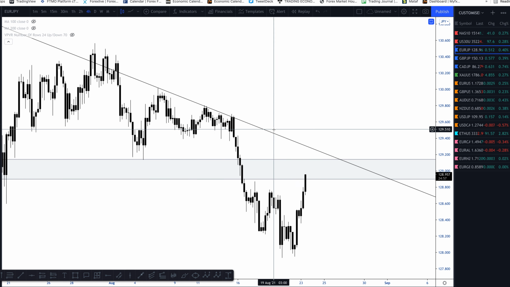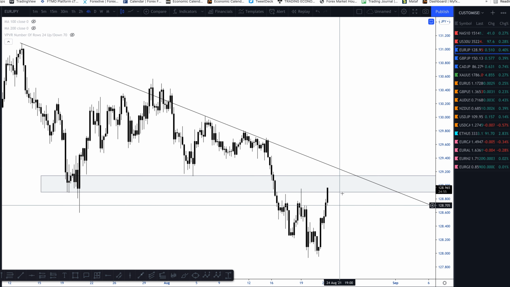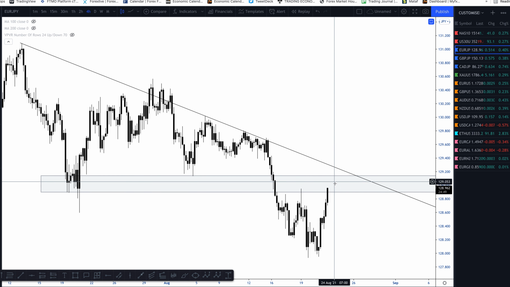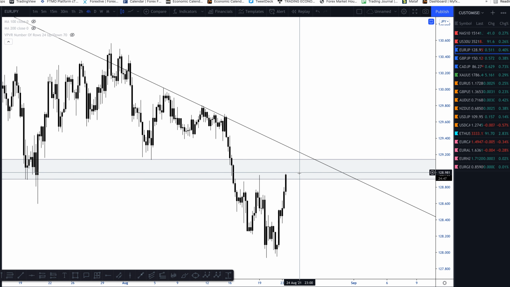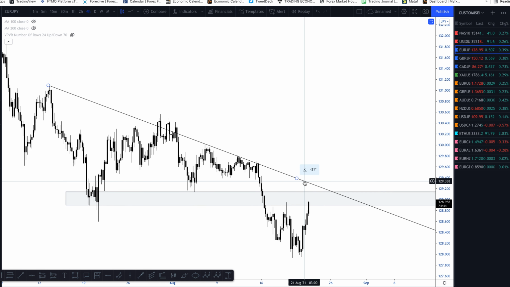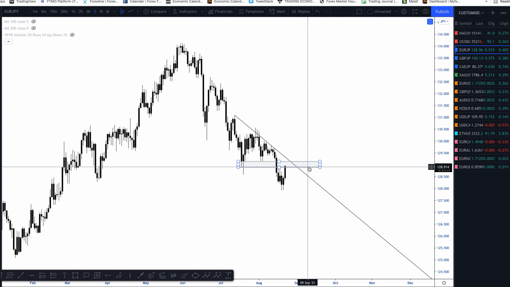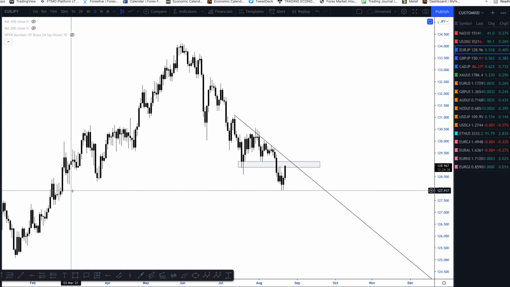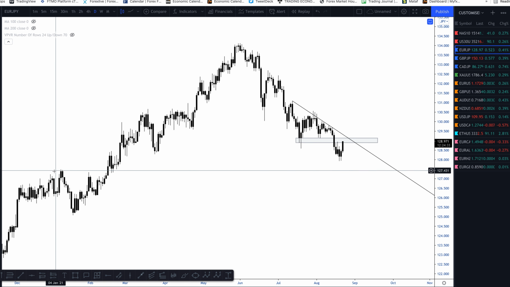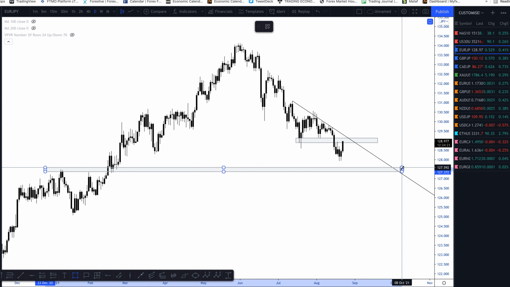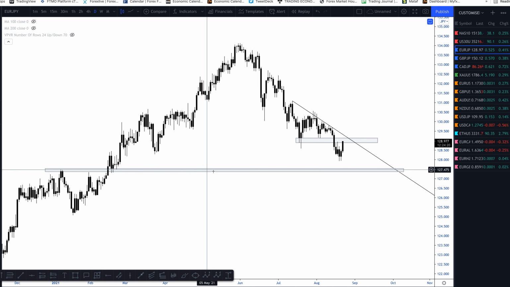So something we can look forward to is possibly a touch off this trend line and close below this resistance zone for a short entry, and our potential target could be going on to the daily time frame again. An area of previous resistance over here.